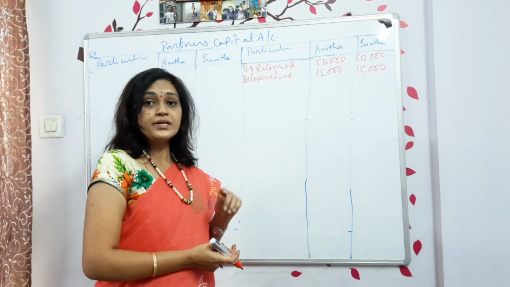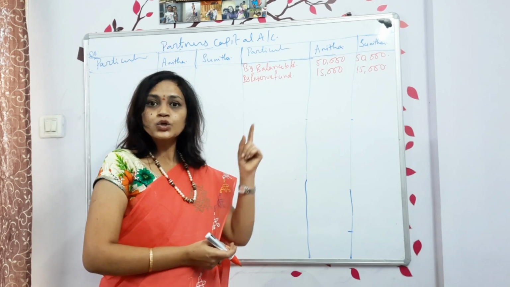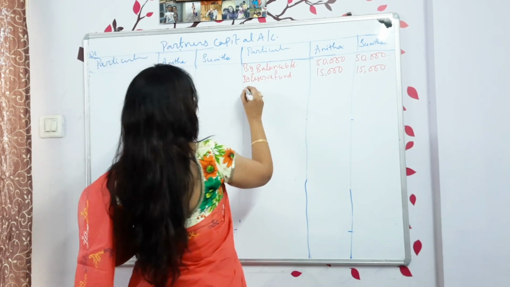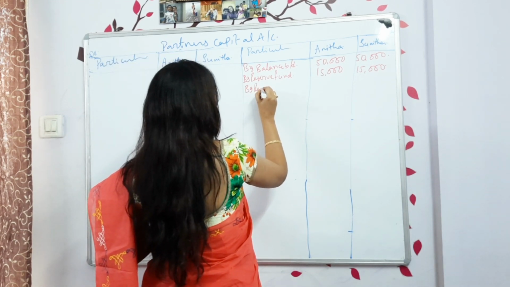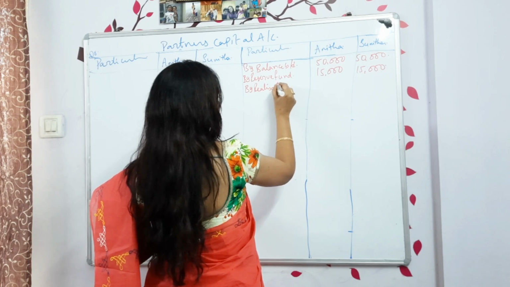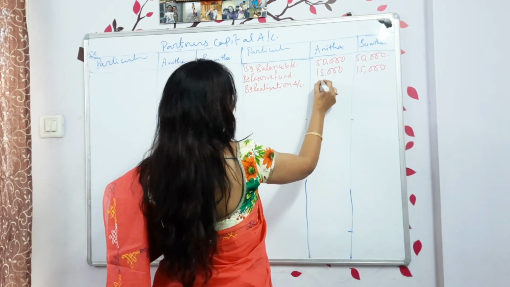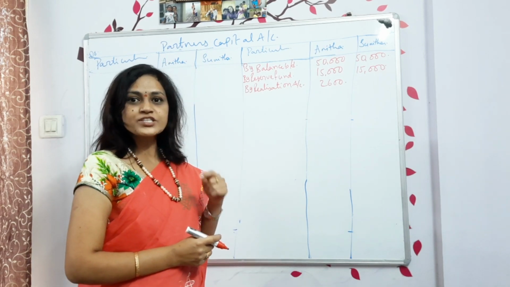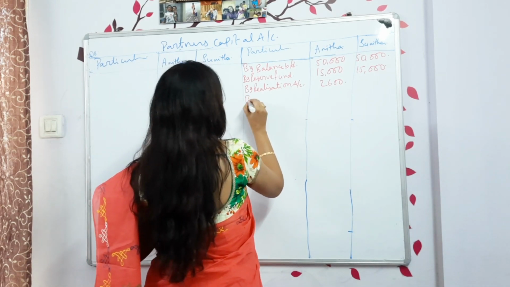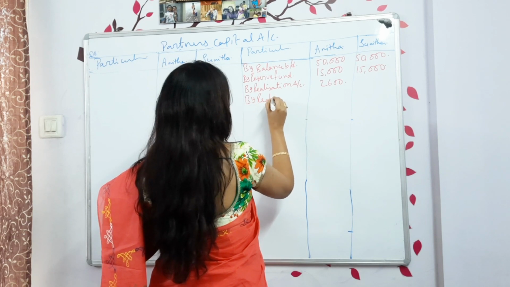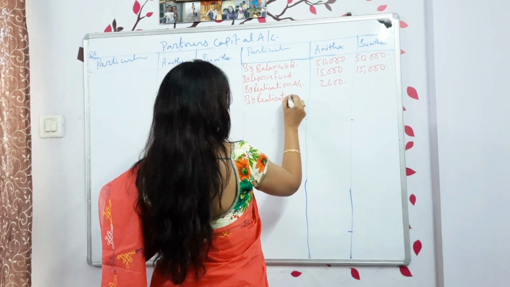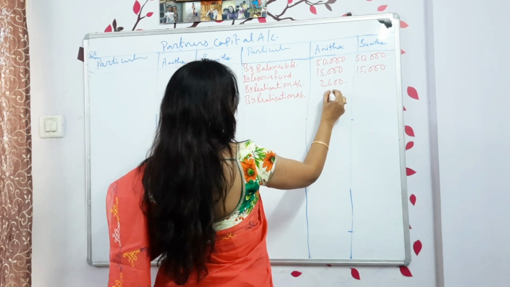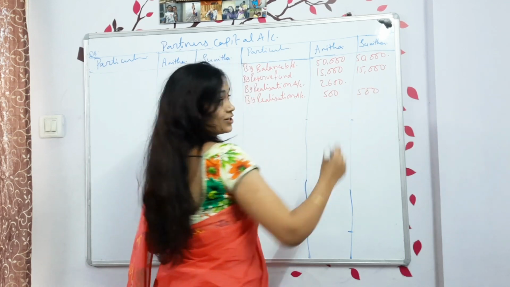We paid some salary to Anita, right? So write down by realization account 2,600. Then we got realization profit by realization account, 500 and 500.